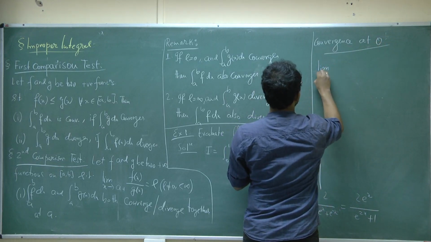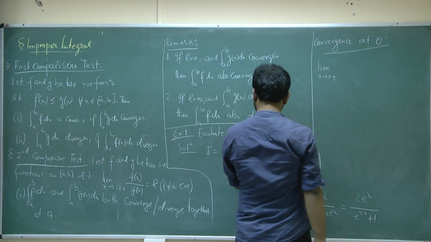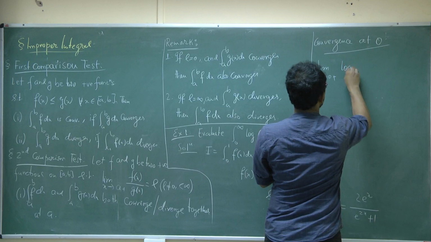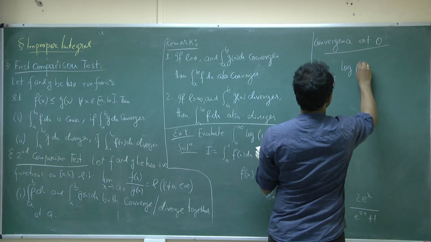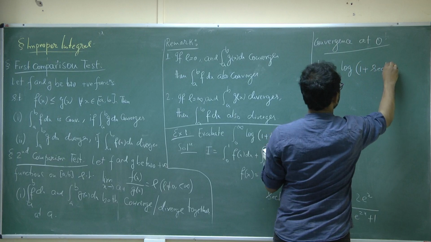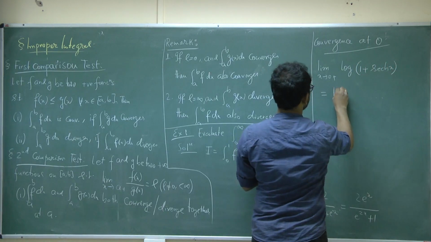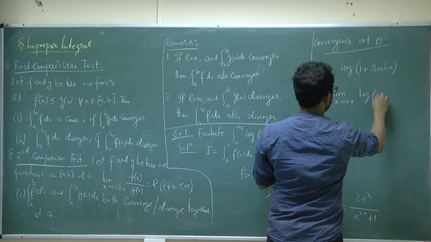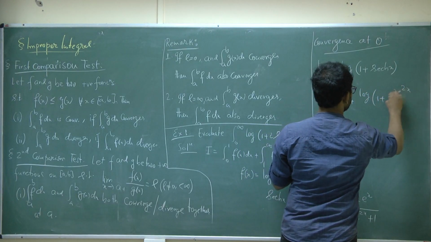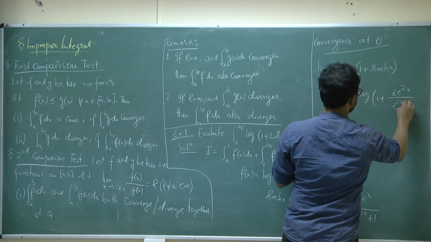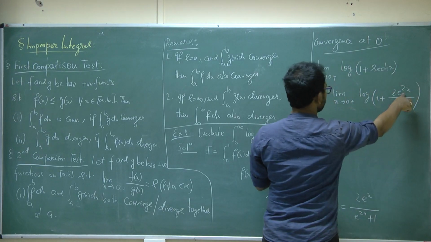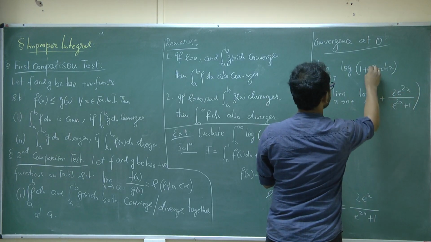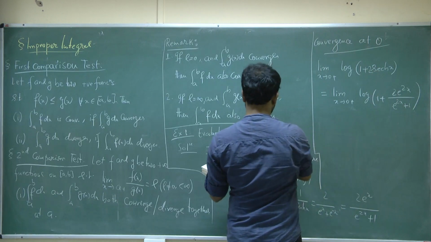Limit x going to 0 positive of log(1 + sech x), which is log of 1 plus 2 e to the power x divided by (e to the power 2x plus 1). So when x is going towards 0, there is a 2 here.